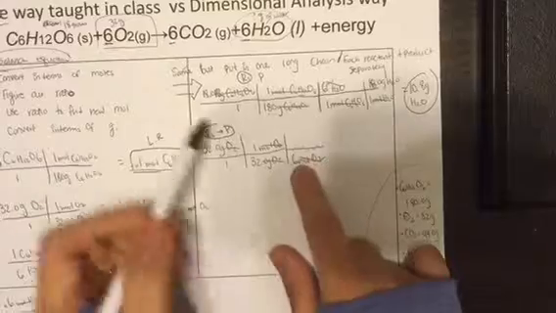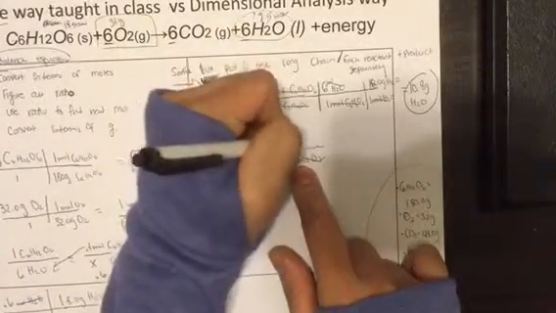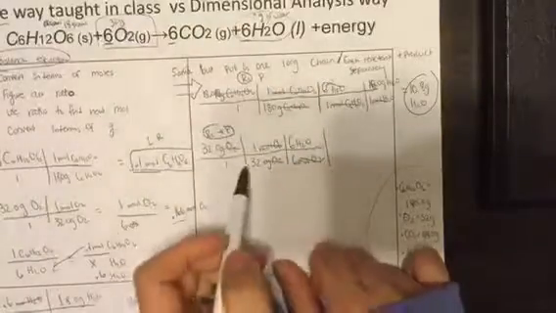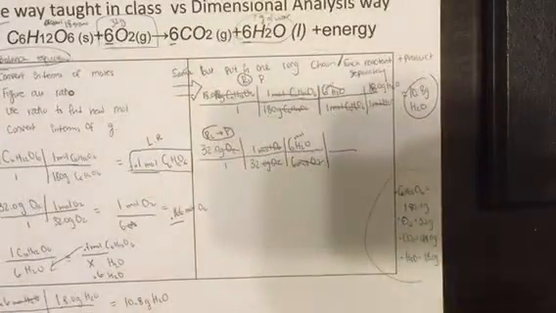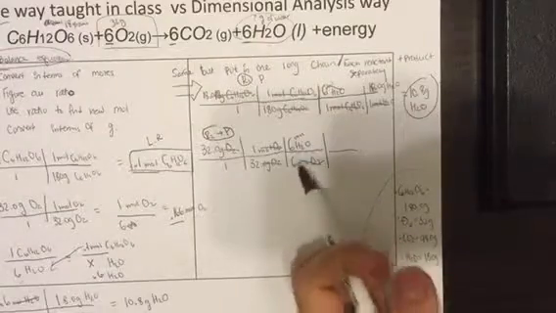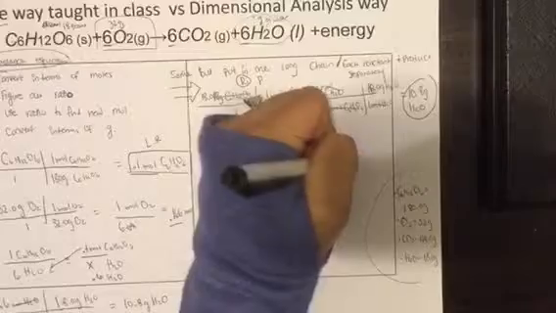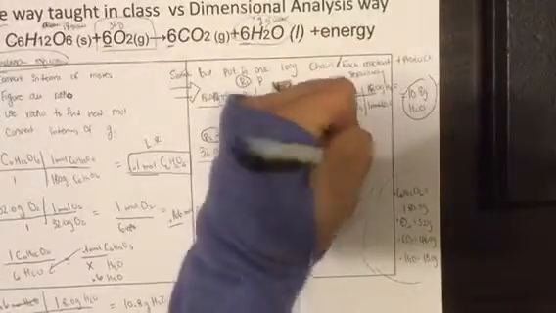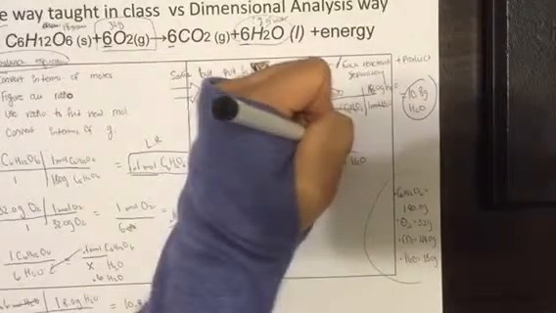Then I say, for every 6 oxygen, I have 6 water, so 6 moles of water, rather. Then my answer will just give it to me in terms of moles of water. Well, I don't want that. I want to cancel it out. So I say, if I typically have 1 mole of water, then how many grams of water will I have?